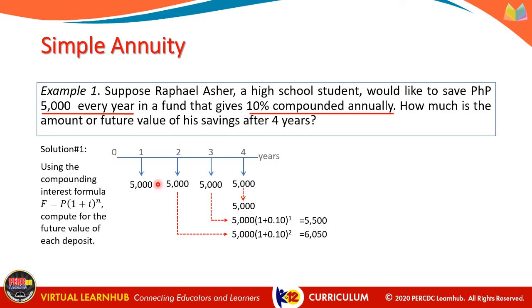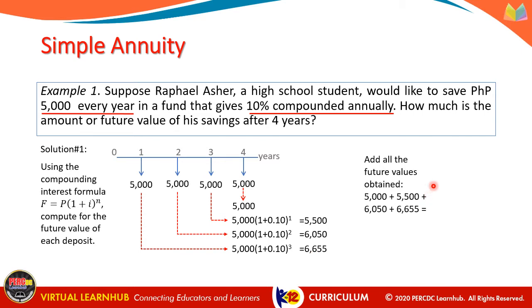And the 5,000 pesos deposited on the first year will be 5,000 times 1 plus 0.10 raised to 3, which is equal to 6,655. For this, we have three intervals from the first year to the fourth year. We just use this formula F is equal to P times quantity 1 plus i raised to n.